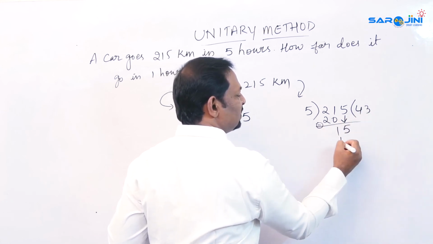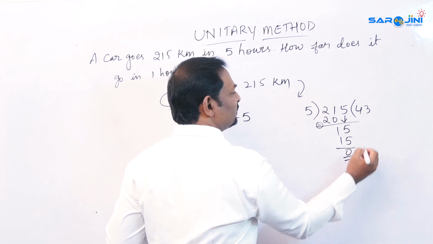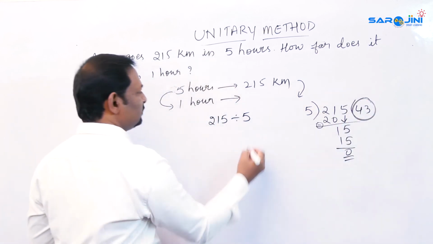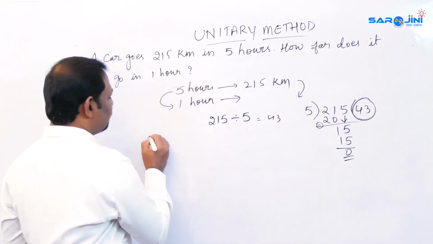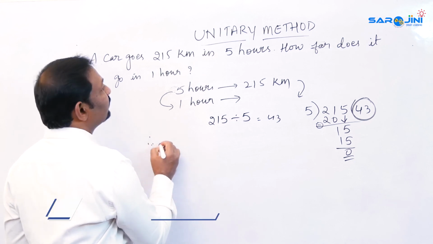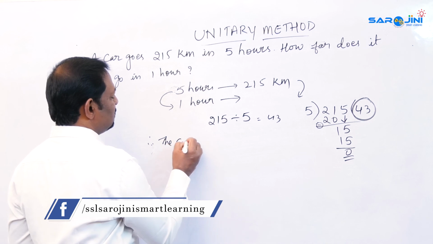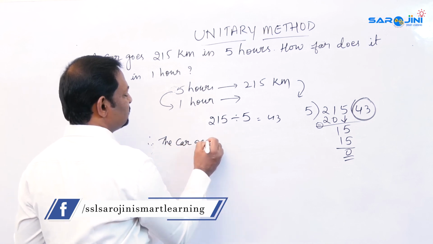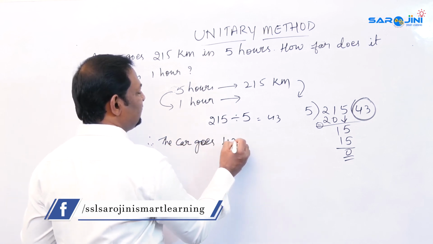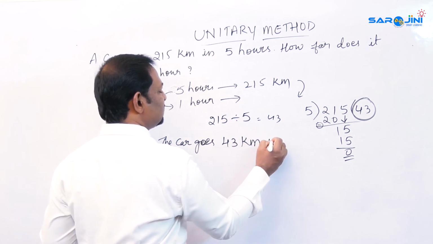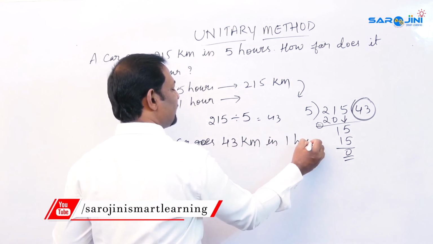So 5 3s are 15. That means you got 43. Therefore, the car goes 43 kilometers in 1 hour.